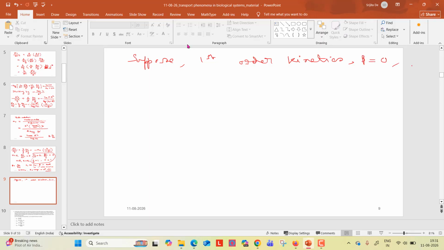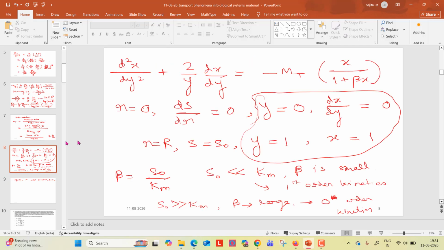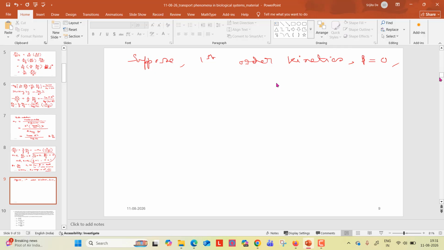Now what is left in the equation? You can see that this beta will be 0, so everything else will be left out. So it will be d2x/dy2 plus 2/y dx/dy minus mtx equals 0.